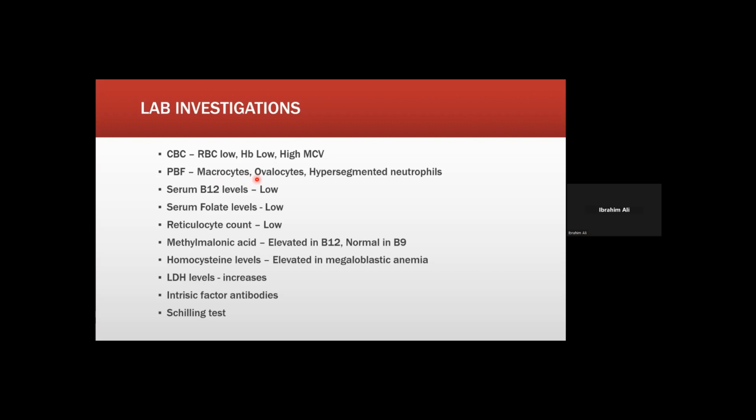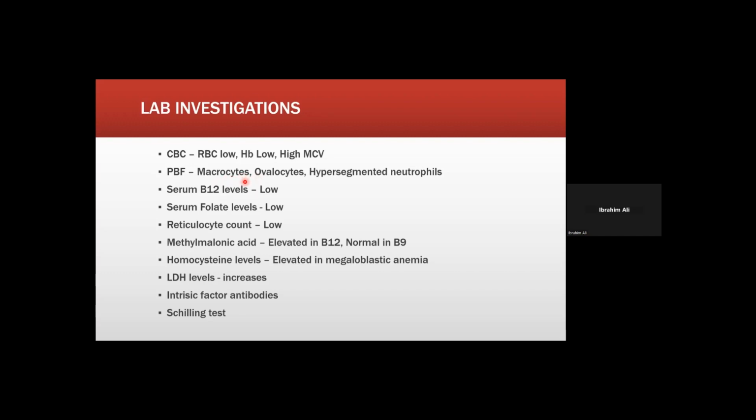So on the PBF, on a slide, when you compare the size of the RBC with the lymphocyte, you will see that in macrocytic anemia the RBC will be larger than the lymphocyte. Normally it should be approximately the same. So if it is larger than the lymphocyte, you say this is macrocytes, macrocytic anemia.